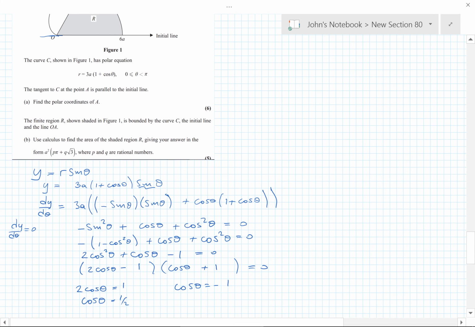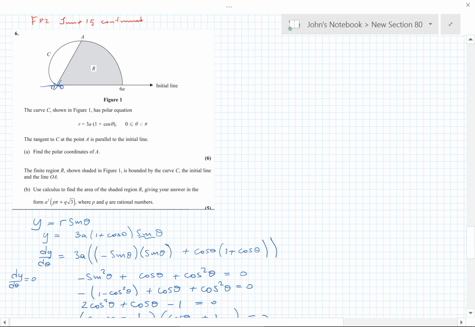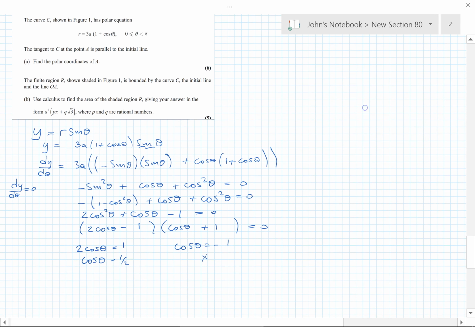So that's not the one we want here, because that's almost like the bogus one, if you like, that's coming in at that point. So it's cos theta equals a half. So that's theta equals pi by 3.